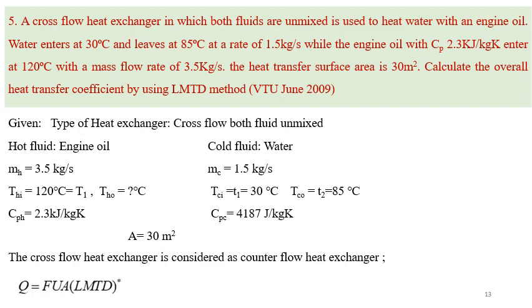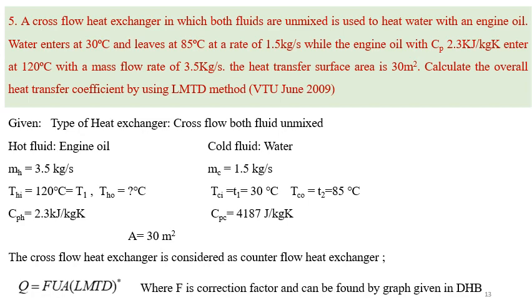F is nothing but the correction factor, that you can find by table or by graph. Okay, and U they asked to find, and area is given. So where F is the correction factor, which can be found by the graph given in the data handbook.